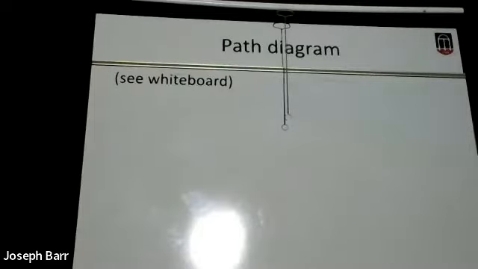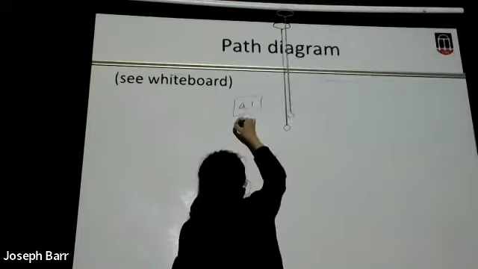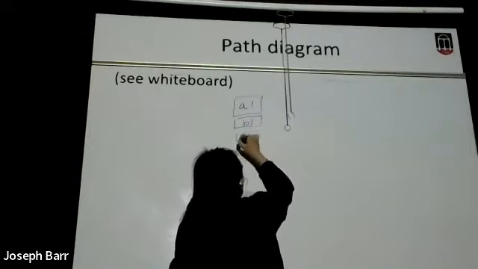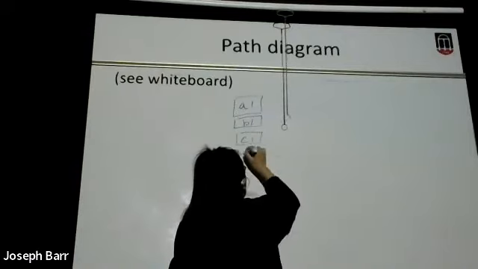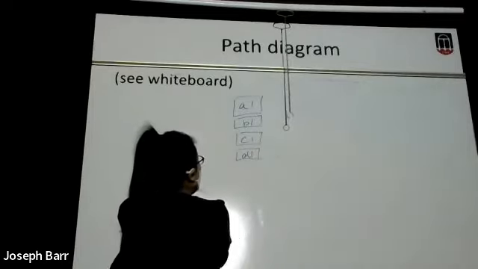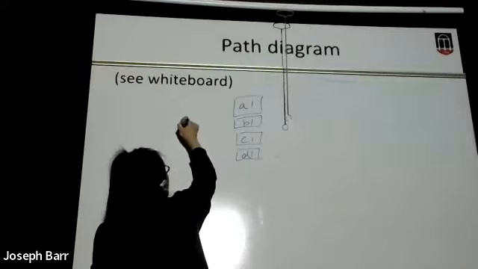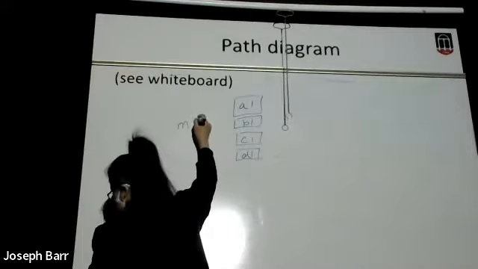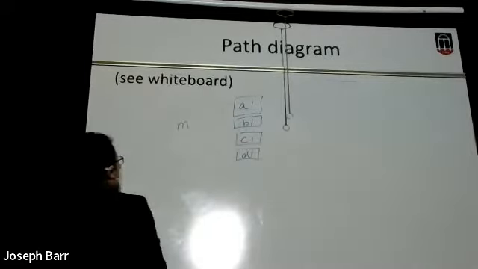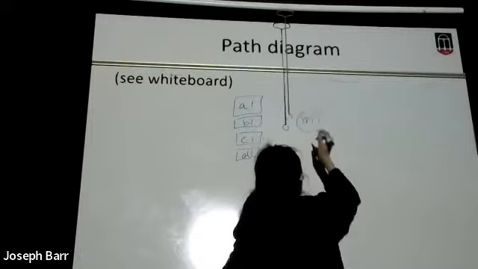So we have A1, B1, C1, D1. These are from the first method, method 1. This is the first latent variable.